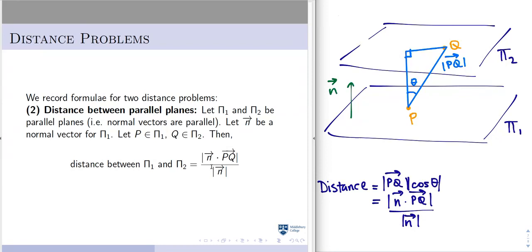Here we have to take 2 points on these planes, determine their displacement vector, and then consider its dot product with our normal vector. Again, this is just an application of some geometry. If you have any questions about where this formula comes from, or anything on the diagram, then please just let me know.